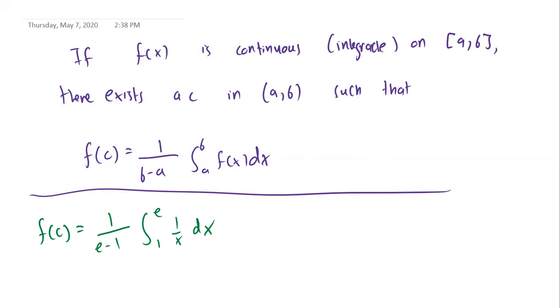So then just plug in everything. f is 1 over x, so f of c is going to be 1 over c. This part we found, this whole thing simplified to 1 over e minus 1, and then you solve for c. You get c equals e minus 1. And that's the value such that when you plug it into the function, it equals the average value of the function.